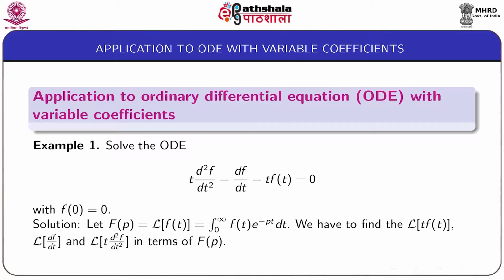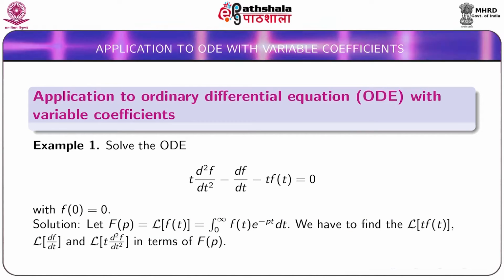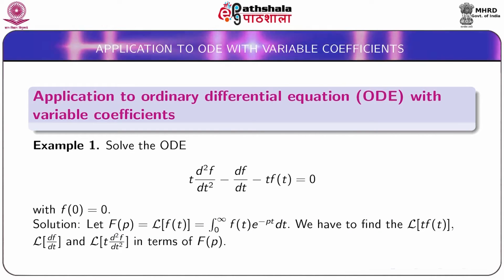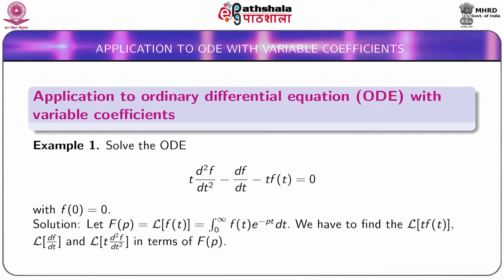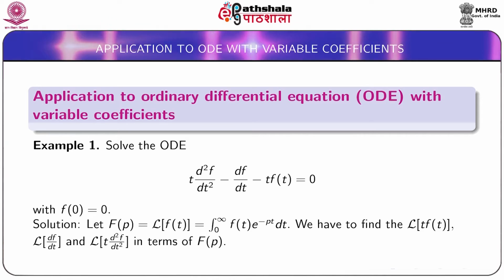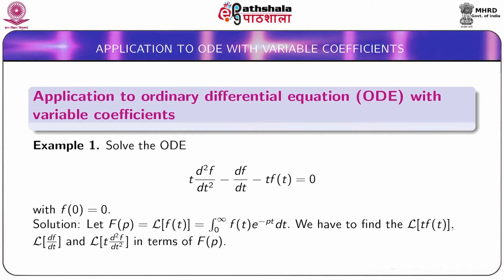For this, we define capital F(p) as the Laplace transform of small f(t), which is equal to the integral from 0 to infinity of f(t) e^(-pt) dt. So, here we multiply both sides of the given differential equation by e^(-pt) and integrate with respect to t from 0 to infinity.